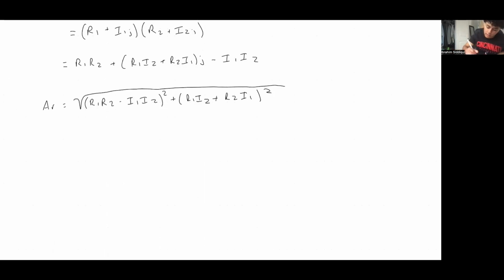Now what we want to do is expand this out. It's going to look a little long, but I'll try to write as small as possible.